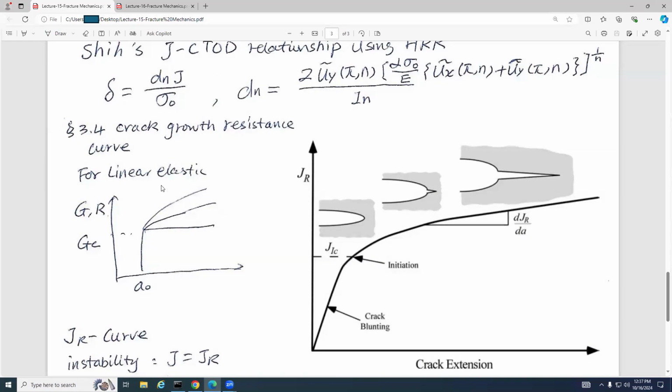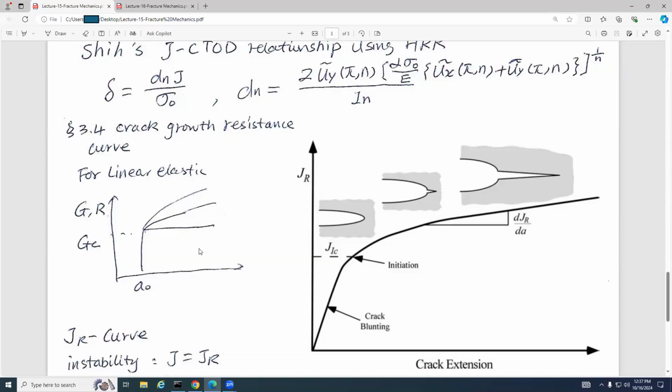But now, for linear elasticity, this is what we have learned. From the initial crack length, G_c is the critical energy release rate, and R is the resistance curve. If G is greater than R, the crack is going to propagate.